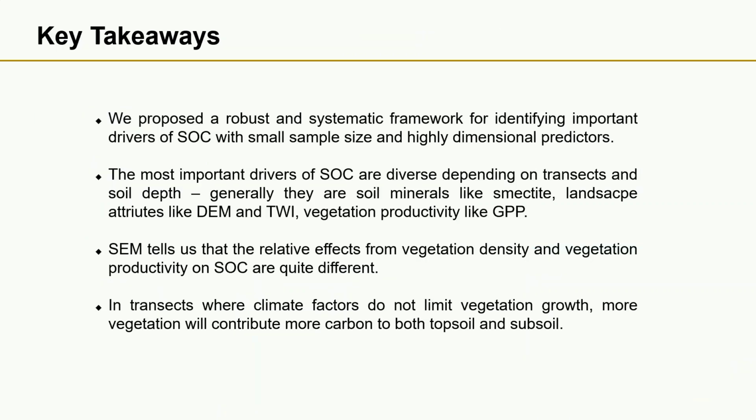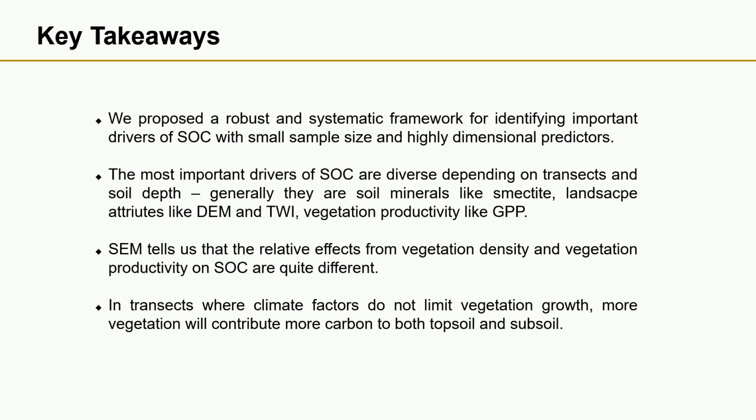This is the takeaway. We proposed a robust and systematic framework for identifying important drivers of soil carbon with small sample size and high-dimensional predictors. The most important drivers of soil carbon are diverse depending on transects and soil depth. Generally, they are soil minerals like smectite, landscape attributes like DEM and terrain wetness index, and vegetation productivity like GPP.